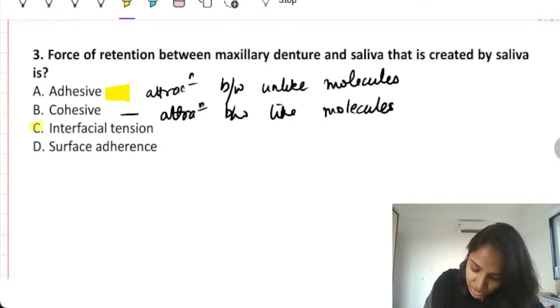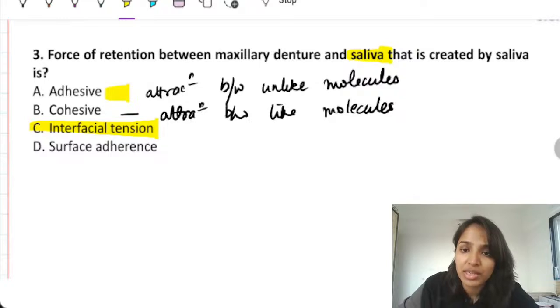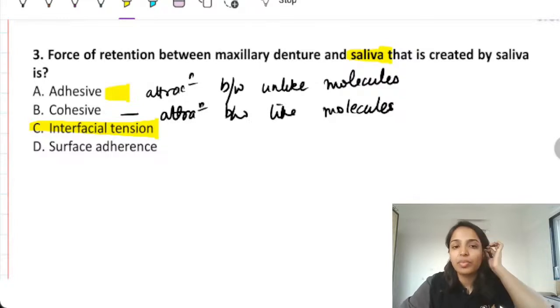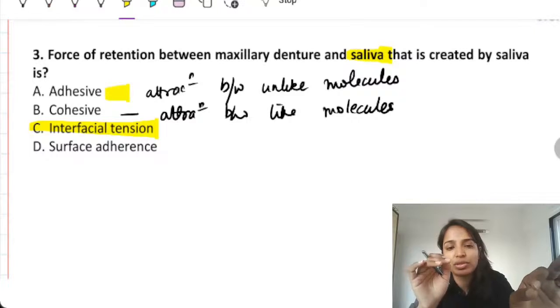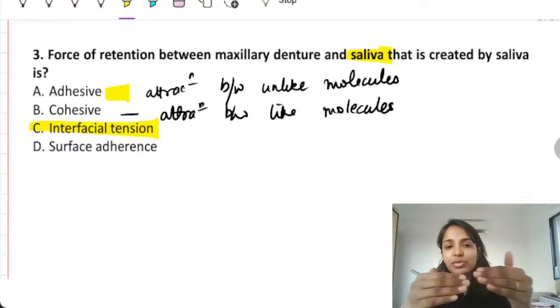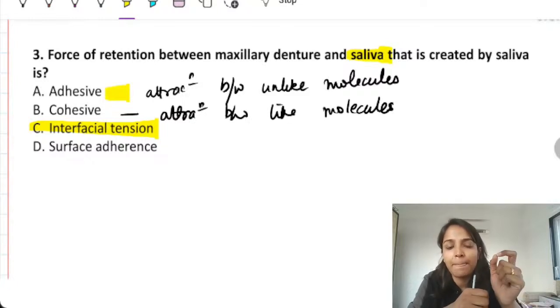That is the answer to this question, because saliva has been mentioned here and it is specifically saying force that is created by saliva. Now, when you take two glass slabs against each other and add a drop of water, they stick to each other, and you're not able to even twist or separate them. That force present between both of those flat surfaces because of the fluid is called interfacial surface tension.